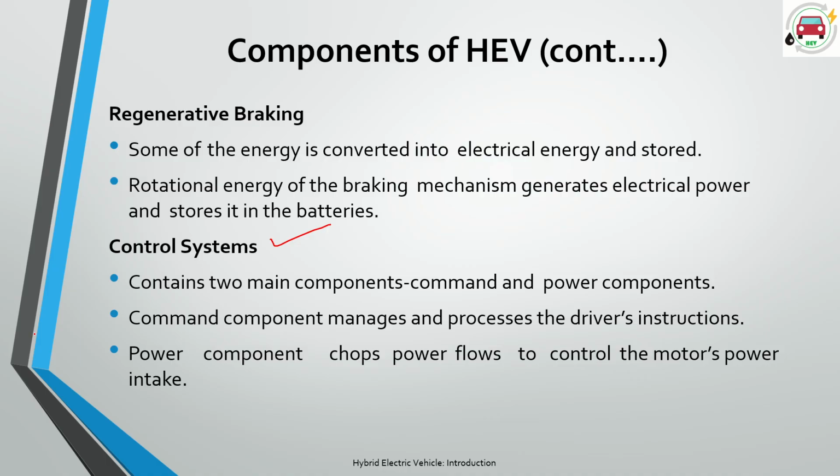So the component manages and processes the driver's instructions. Whatever instructions we give, for example just starting the AC, the control unit takes the decision on where the power to the AC will be given from, either from the APU or from the batteries. That decision the control system is taking.